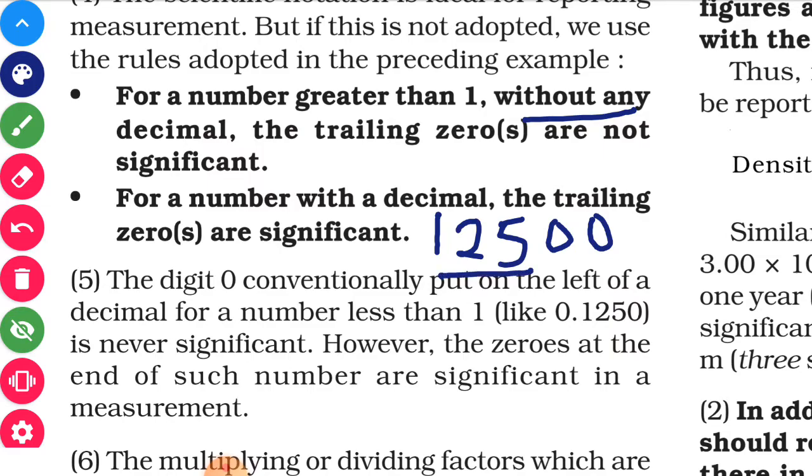Okay, for number with a decimal, the trailing zeros are significant. Okay, so whenever there is a decimal point, say for example 0.2500, then these trailing zeros are significant. So there are say 4 significant figures.